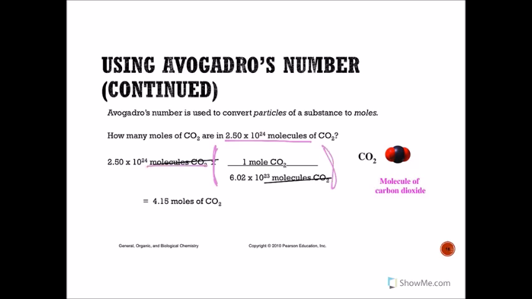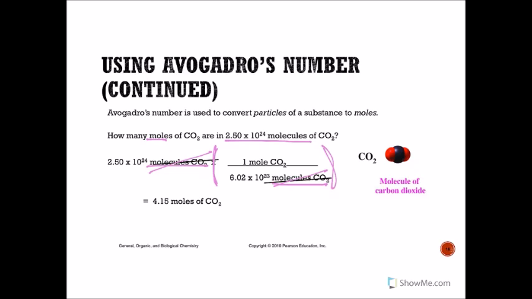And since we have molecules of carbon dioxide on top, we need to write molecules of carbon dioxide on the bottom. So those units cancel off, and we're left with the units that we want. Our units of moles is the units that we want, because our question's asking, how many moles of carbon dioxide are there in that many molecules of carbon dioxide?